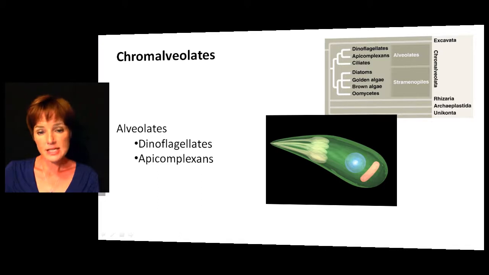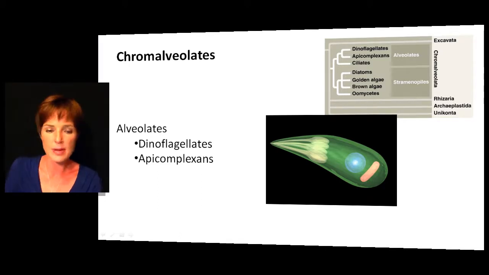The apicomplexans are known for what's called the apex. Most of these are going to be parasites, and that apex is for penetrating another cell or penetrating the host organism. So what we're talking about is this little part right here.